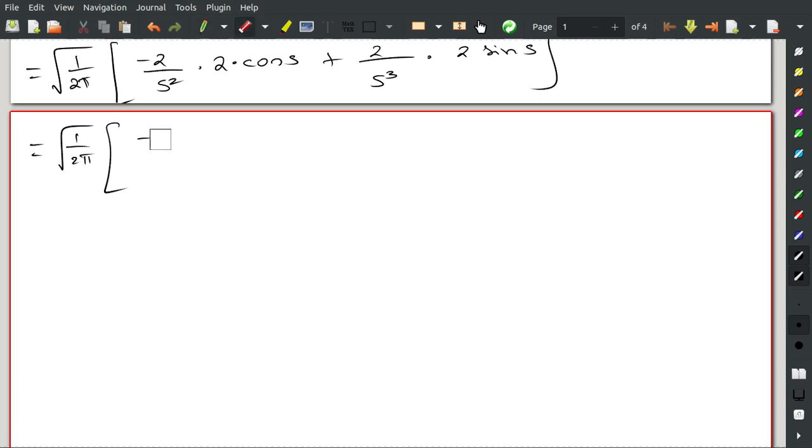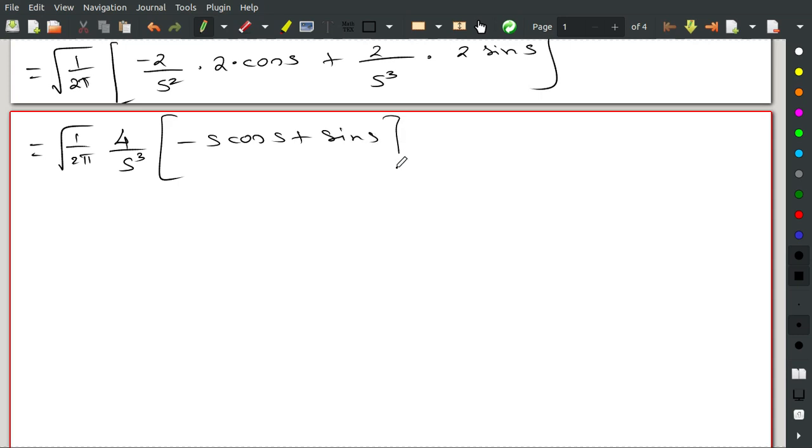Here we have a 4, and here also we have a 4, and we can take s cube outside, therefore we can have 4 by s cube of, since here we have only s square, we have to multiply and divide, therefore minus s cos s plus sin s. Okay, so this is the final simplification.